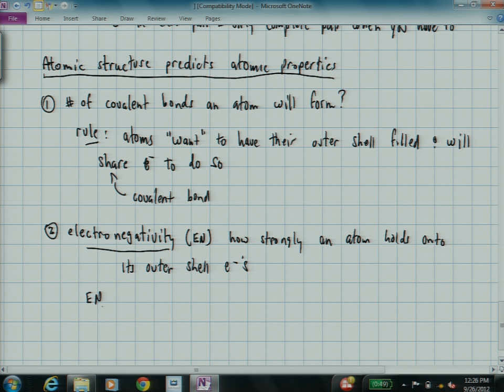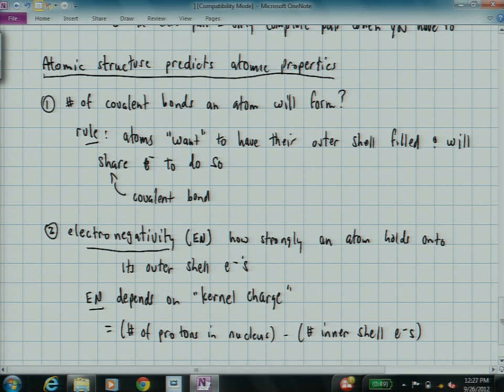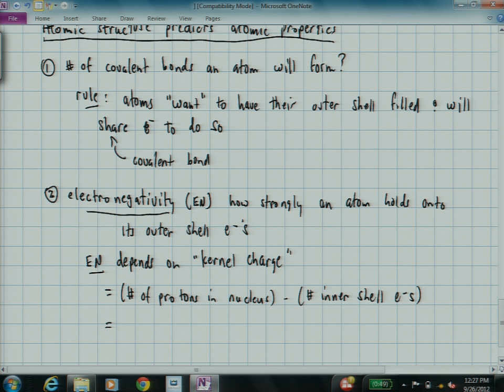Electronegativity depends on what's called kernel charge and some other stuff. But kernel charge is equal to the number of protons in the nucleus minus the number of inner shell electrons. Right? And I can explain why that makes any sense in just a second.